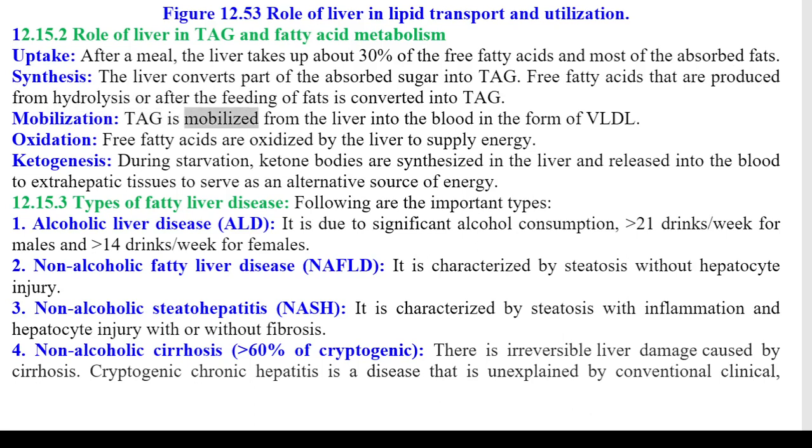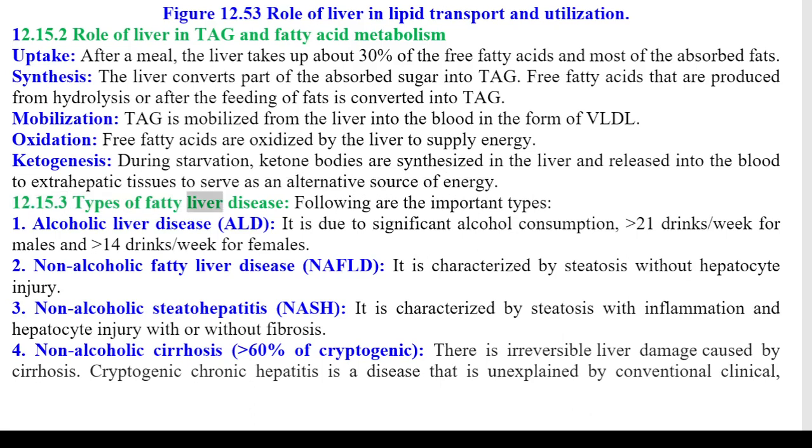Mobilization. TAG is mobilized from the liver into the blood in the form of VLDL. Oxidation. Free fatty acids are oxidized by the liver to supply energy. Ketogenesis. During starvation, ketone bodies are synthesized in the liver and released into the blood to extrahepatic tissues to serve as an alternative source of energy.